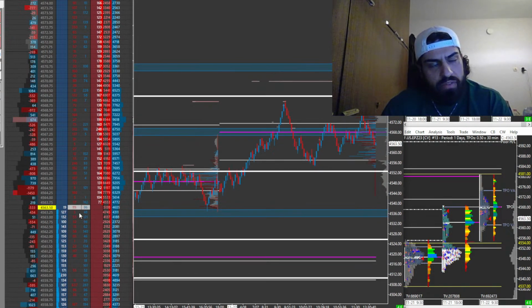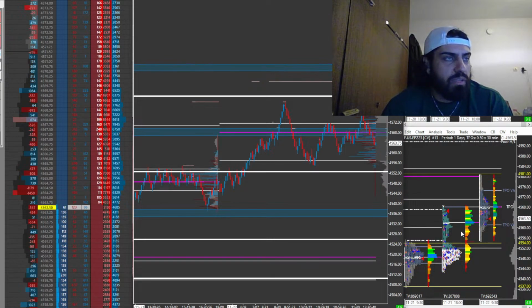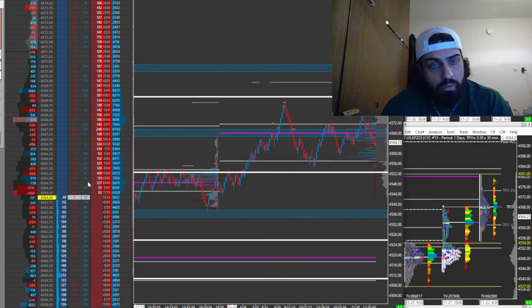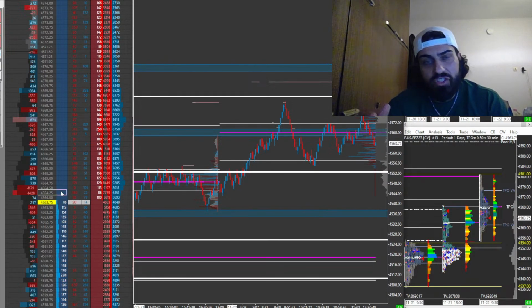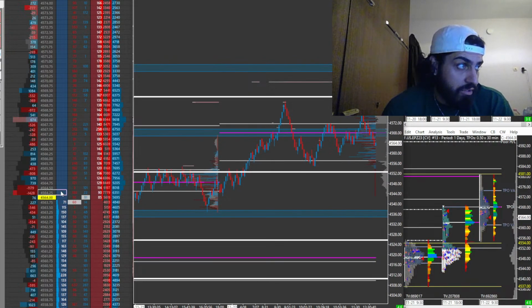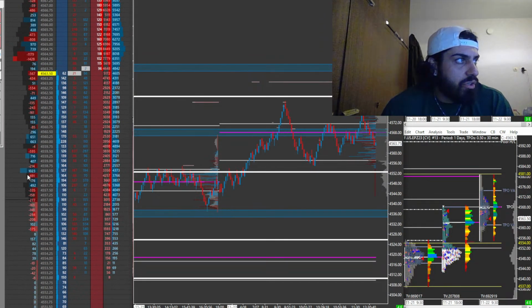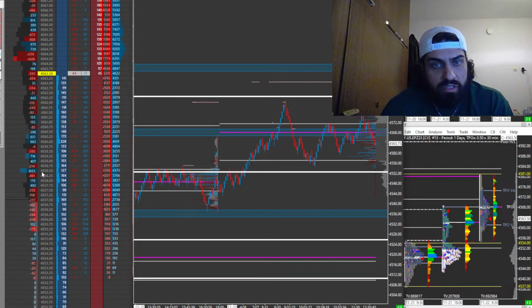Not only do I have areas of interest based on my levels that are broken down in terms of the TPOs and whatnot, but I have levels of interest based on the deltas that have clustered really aggressively, especially the ones around those key volume profile areas. So if I look down into this, I can see, okay, there's a nice, very big positive delta at 58.5.